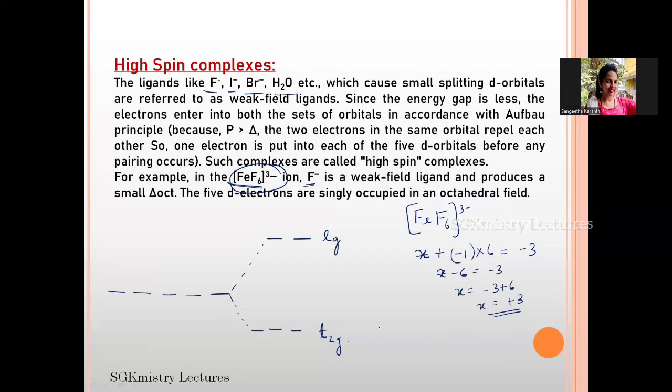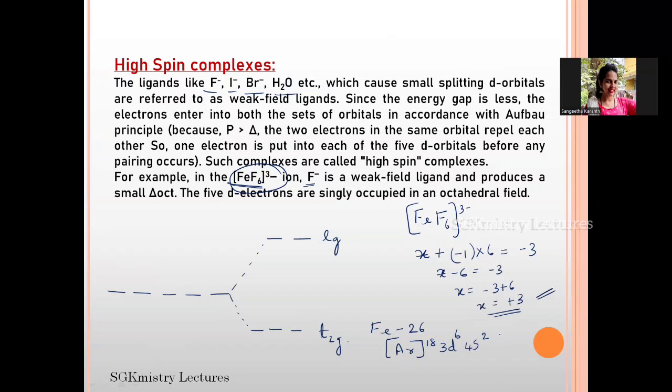So iron, the atomic number is 26. So argon is 18. Then we have 3d and 4s. So it has 2 electrons here, 6 electrons here. This is when iron is in the zero oxidation state, the neutral atom. Here the iron is present in the plus 3 state.